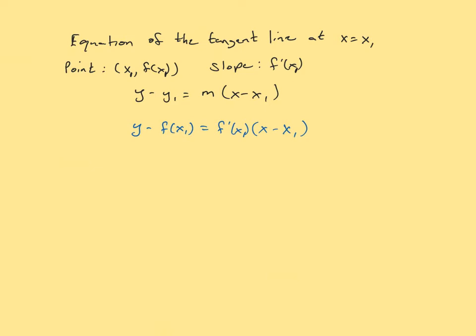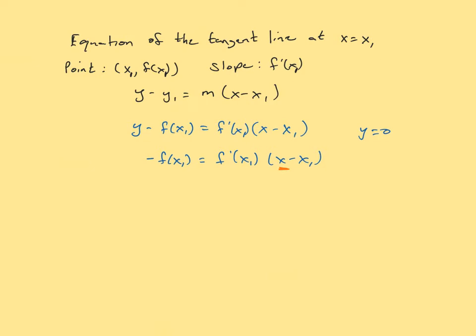Remember, the x-intercept is going to happen when y equals 0. So what I'm looking at now is negative f of x1 equals f prime of x1 times x minus x1. And I'm going to solve that for x.